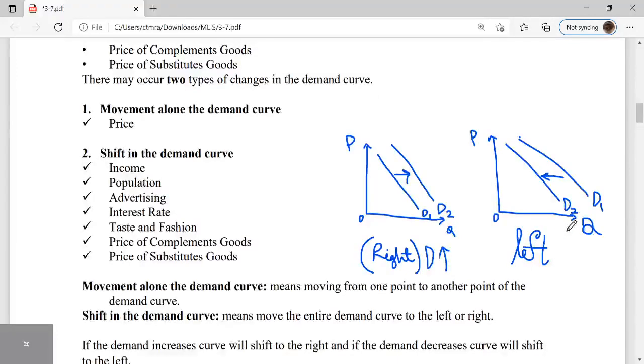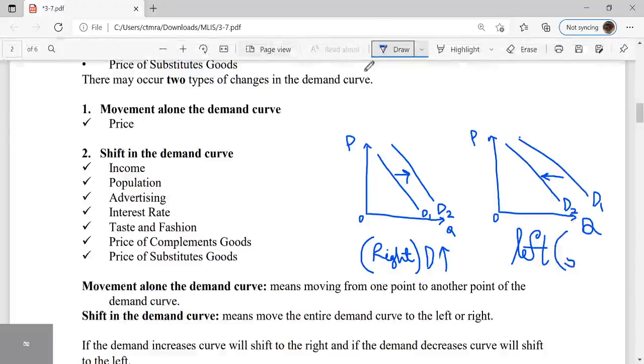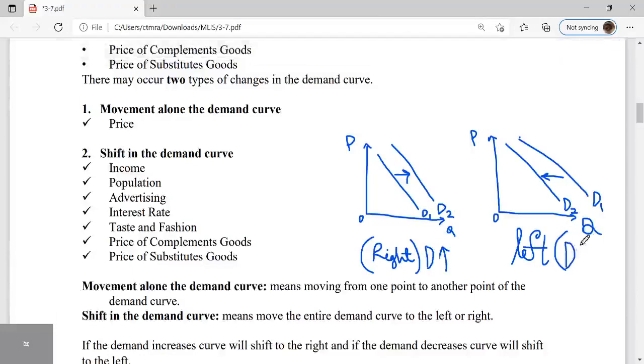See, there's a leftward shift. Whenever there is a leftward shift, we can say the demand is falling.